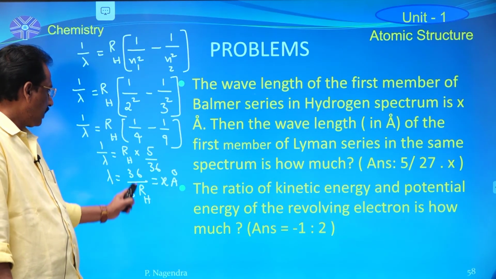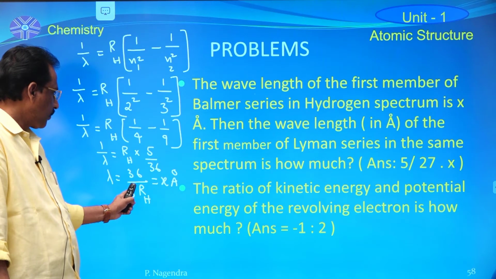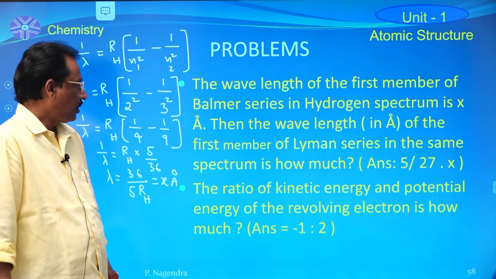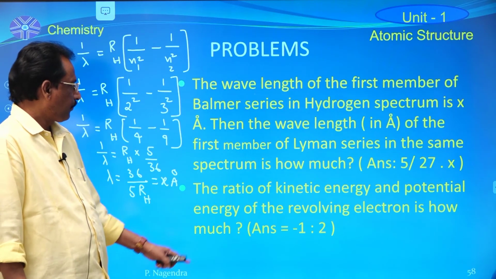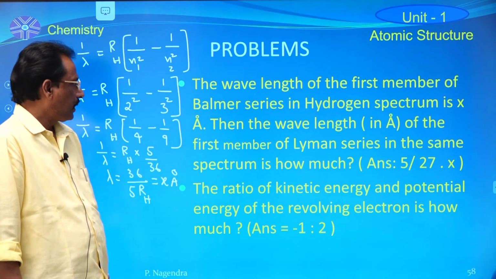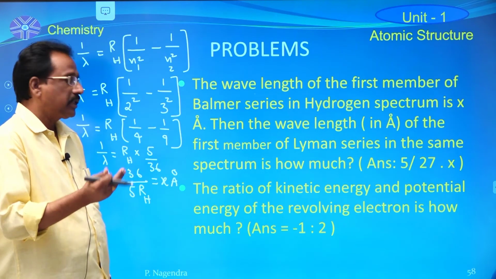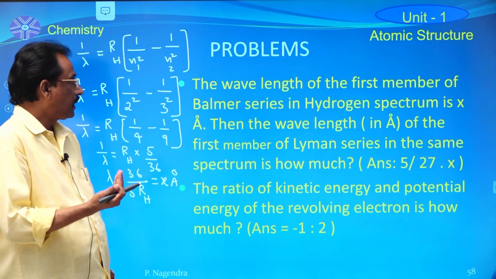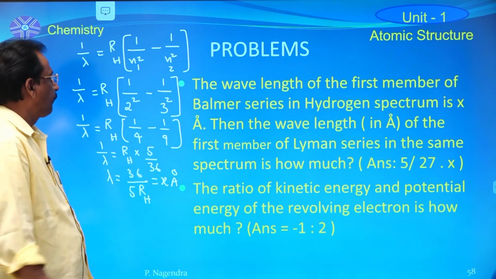So 36 divided by 5 into RH is equal to X angstrom. Now calculate the wavelength of the first member of the Lyman series in the same spectrum.